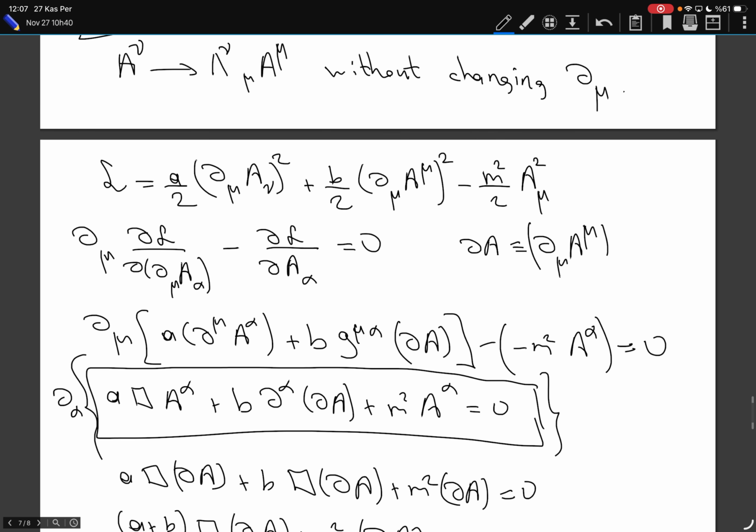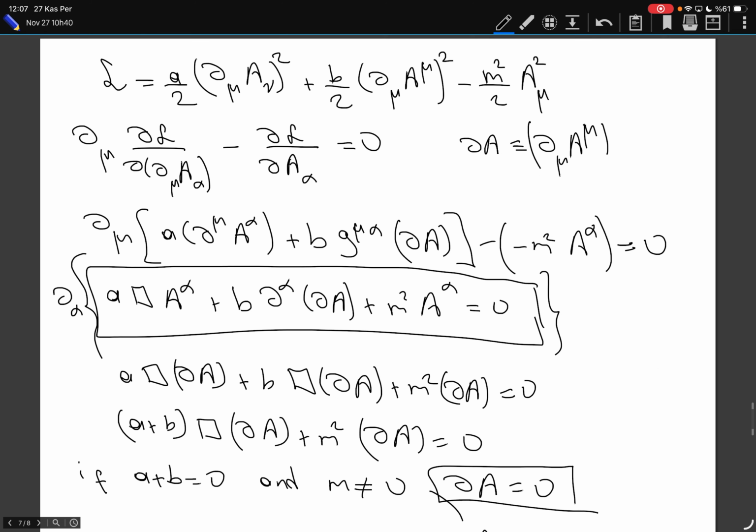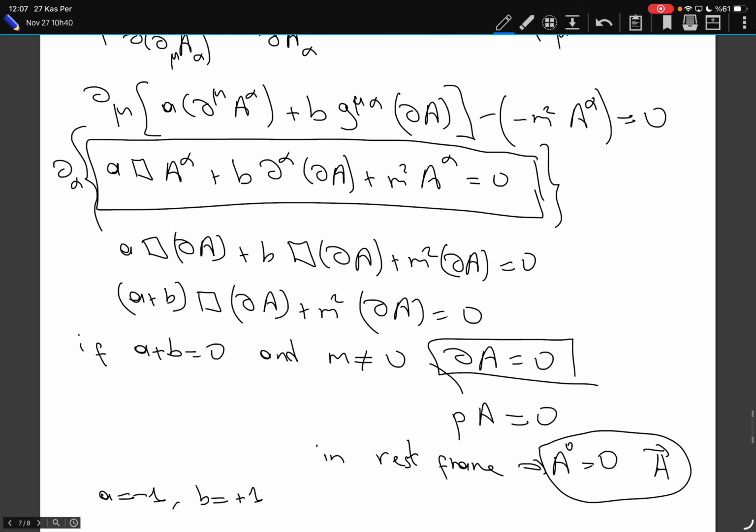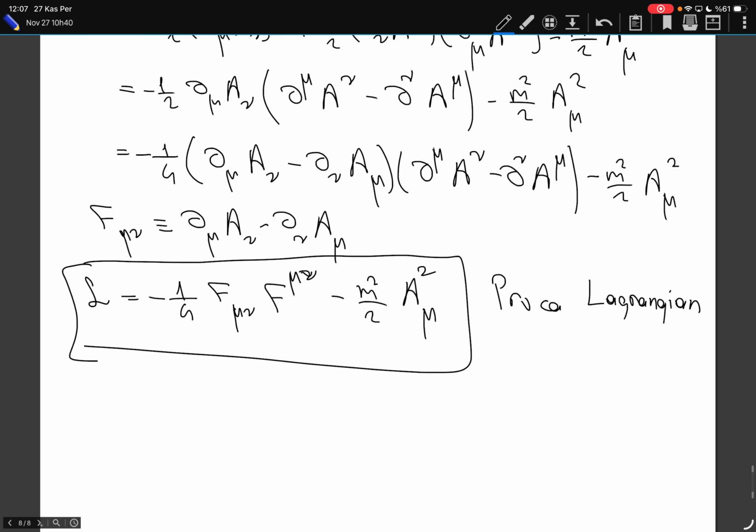Those 2 conditions first allowed me to write my Lagrangian in general in this form. Then requiring that I should get an extra condition on my fields led me to choose A plus B equal to 0. So that forced del dot A to be 0, reducing my degrees of freedom by 1.